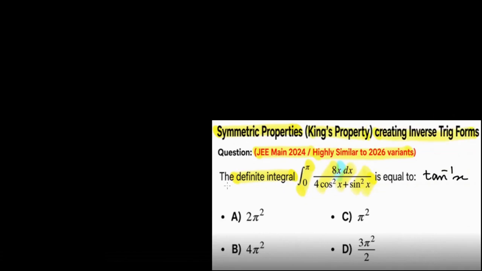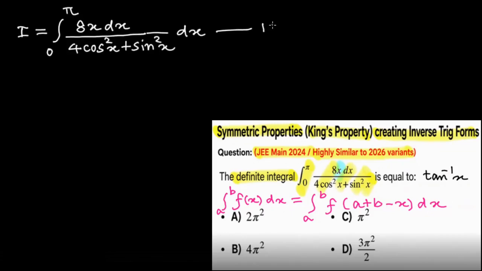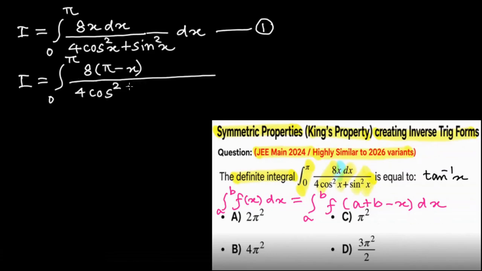The King's property, as we know, is integral from a to b f(x) dx is integral from a to b f(a plus b minus x) dx. Therefore, the given definite integral, which we name 1, turns to I equals integral from 0 to pi, 8 times (0 plus pi minus x) upon 4 cos square (pi minus x) plus sin square (pi minus x) dx.